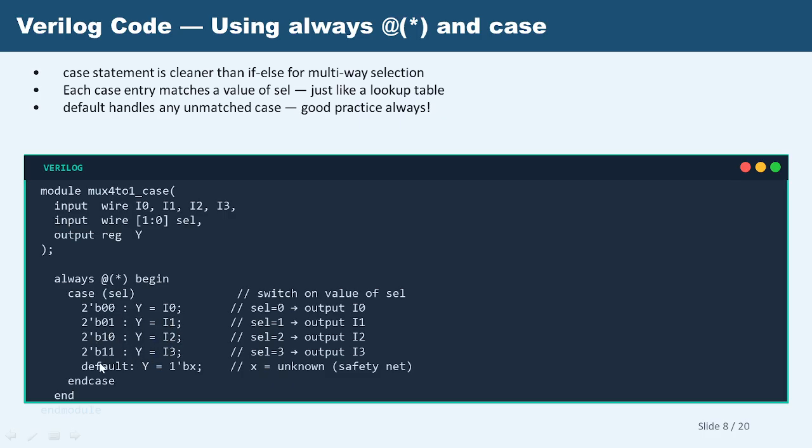So default, if nothing works, then it's going to create y is equal to 1 bit bx, okay. Bx means, when you write this code, you will get y is equal to x, in some waveform you will get it in a red line, okay. If something goes wrong in your circuit, to see what's going wrong in there, the waveform will show a red line x mark, okay.